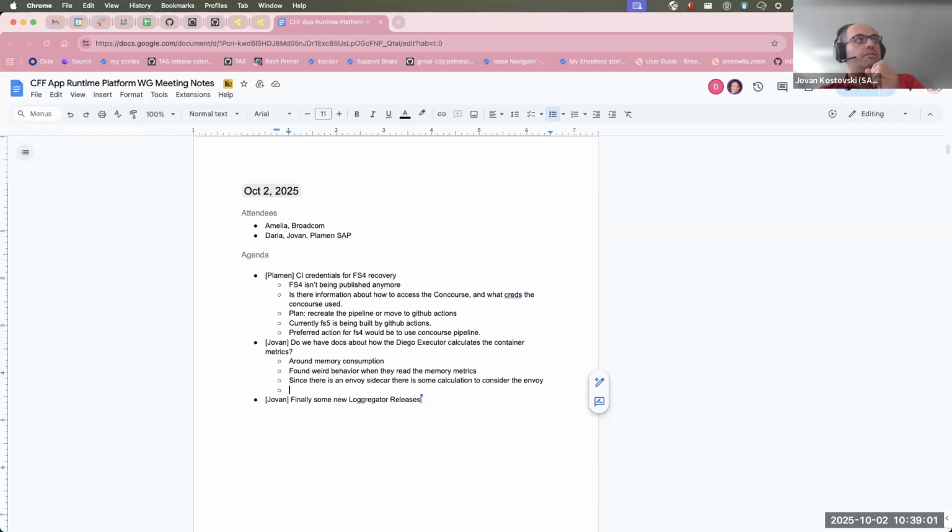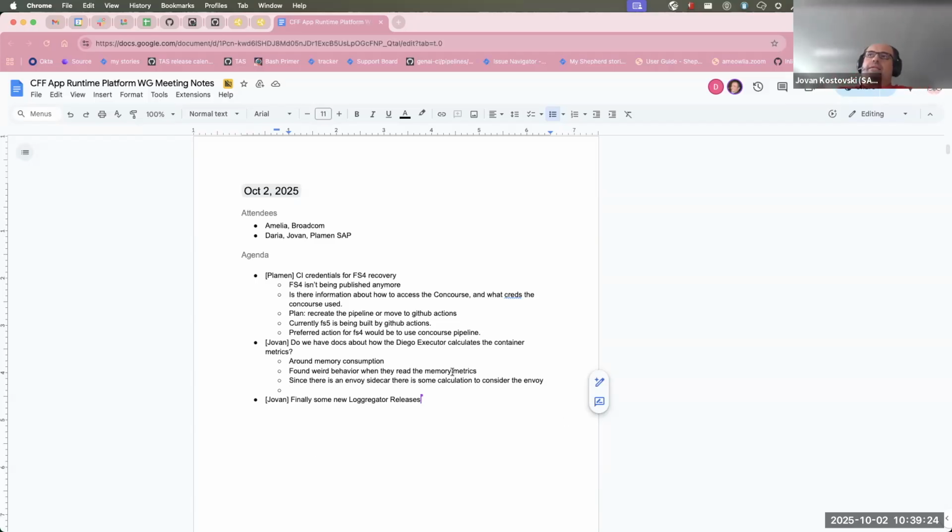And they said that somehow in the calculation they always got the same ratio for the memory usage, even if they use different requirements for the application.